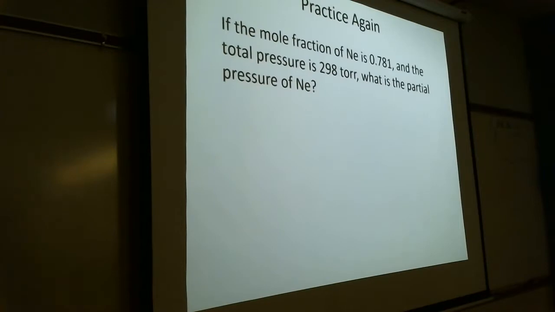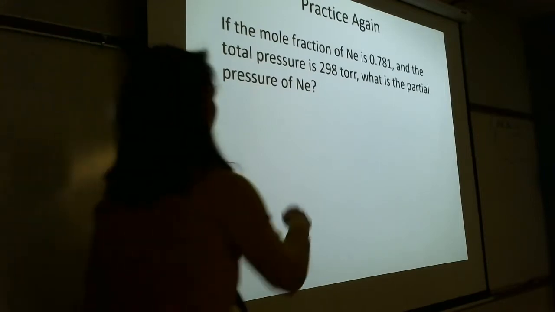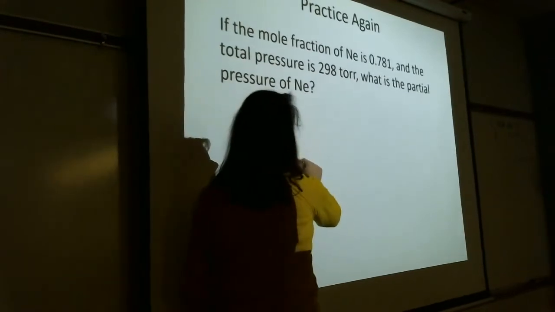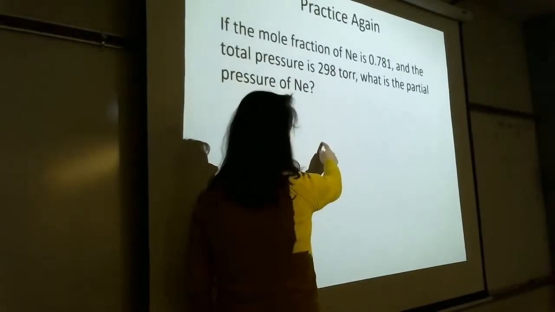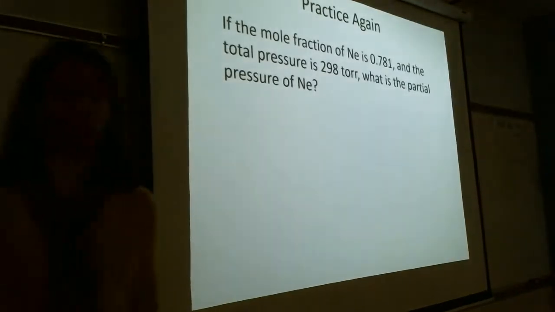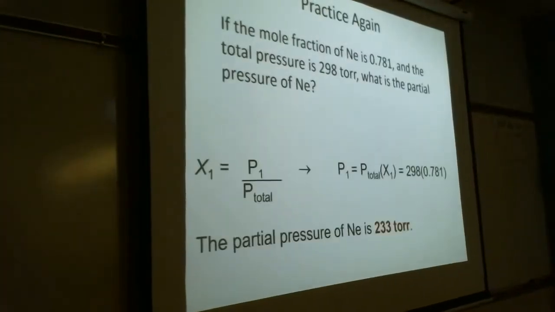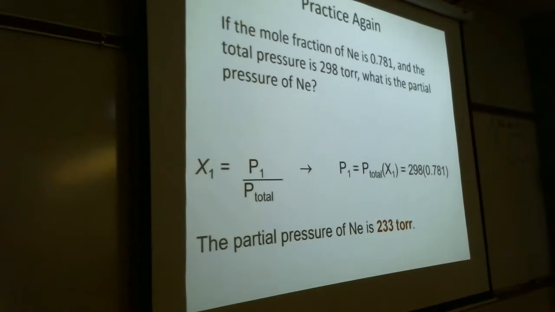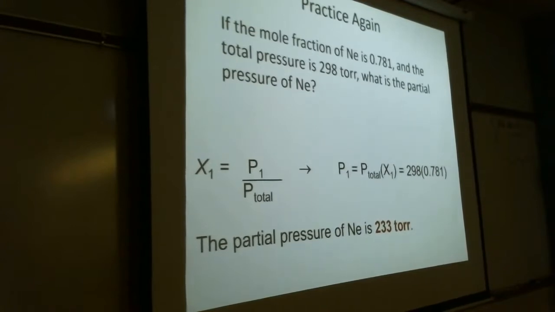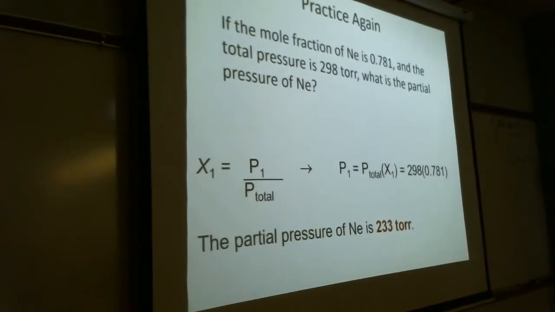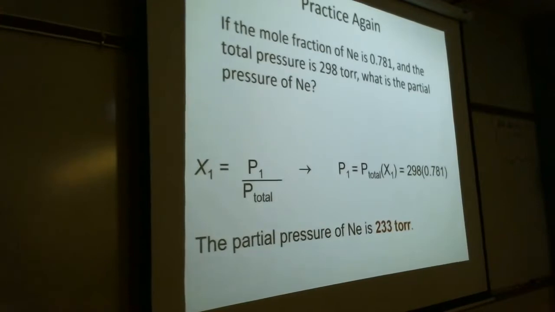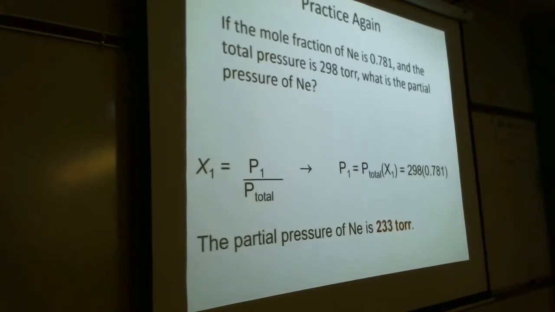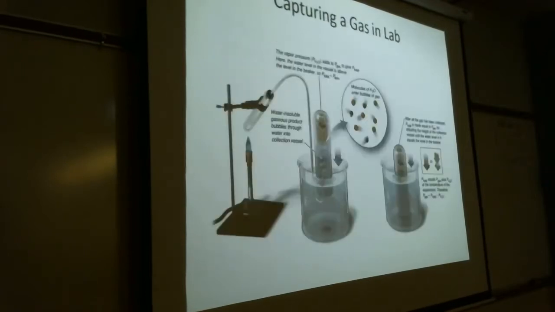Now, this is really easy, but it's different, right? Because this time we're saying x over 298 is equal to 0.78. So we just have to do a little tiny bit of algebra. So 233. Does that make sense? That's reasonable. Everybody good on how to do this mole fraction? Your new homework that's going up tonight will have mole fraction questions on it, I'm almost certain.